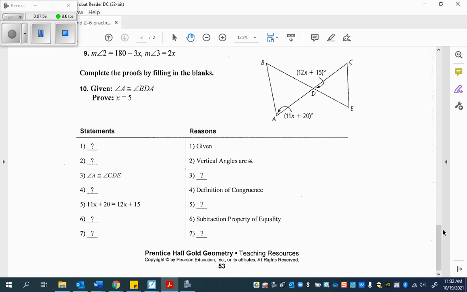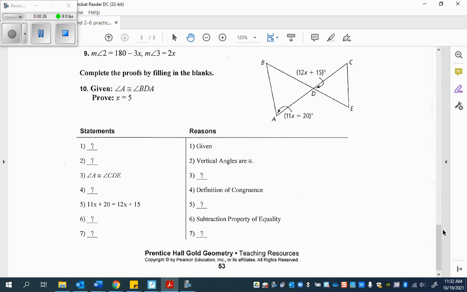Statement number 3 is where you use the transitive property of congruence to get angle A and angle CDE congruent to each other. Then you convert them into equal measures, which then lets you substitute in and then do your equation solving. What questions do you have on that proof?